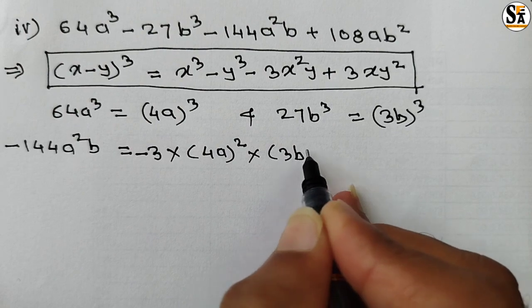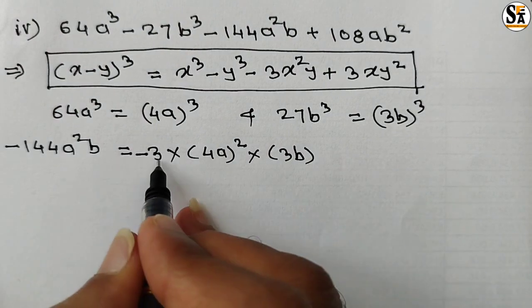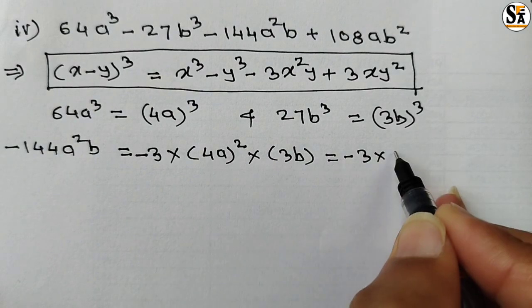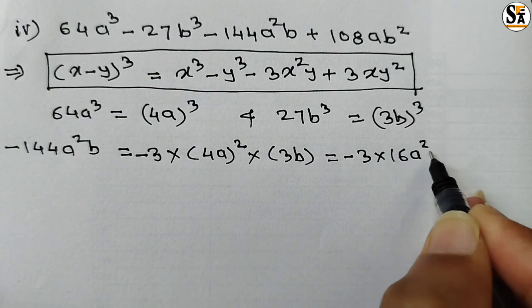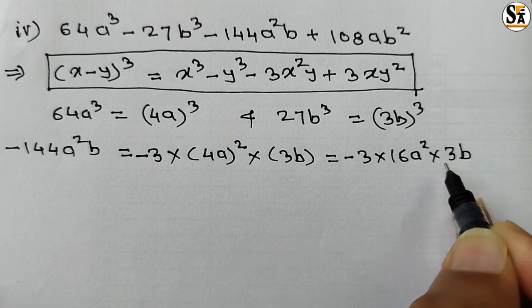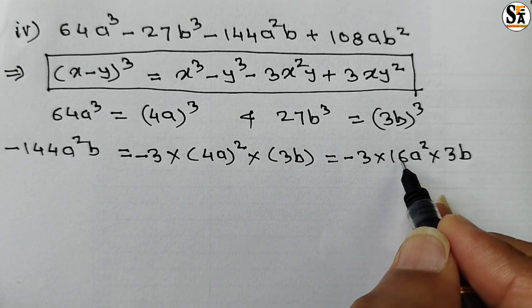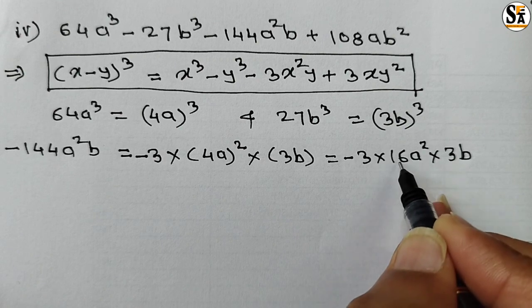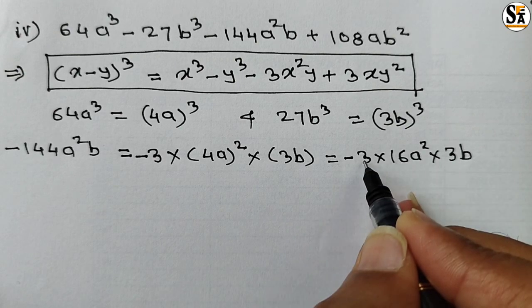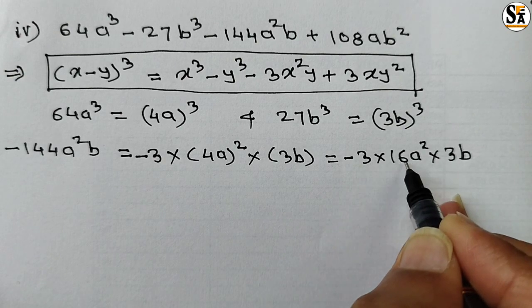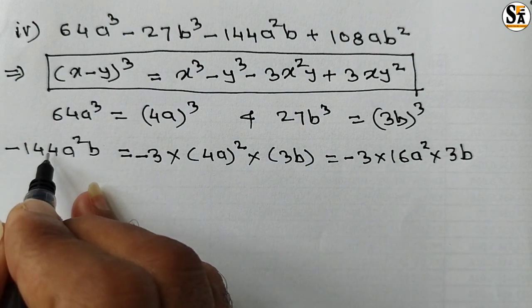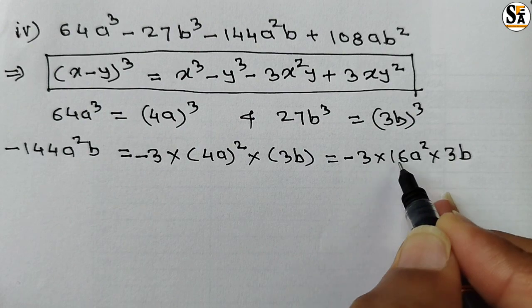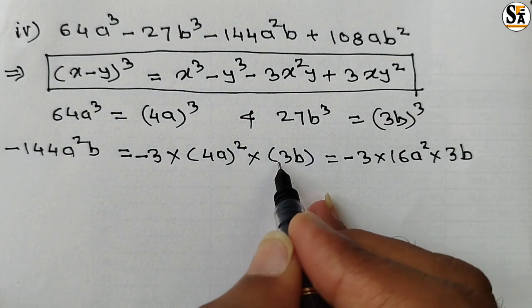Just match or just solve this. We will get here minus 3 into 4a square is 16a square into 3b. Just take the multiplication. 16 into 3 into 3, minus 9. Minus 9 into 16, that is 144. So we are getting this term as like this, minus 3 into 4a bracket square into 3b.